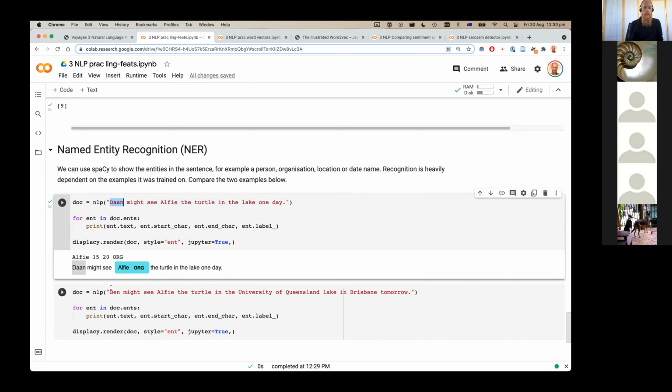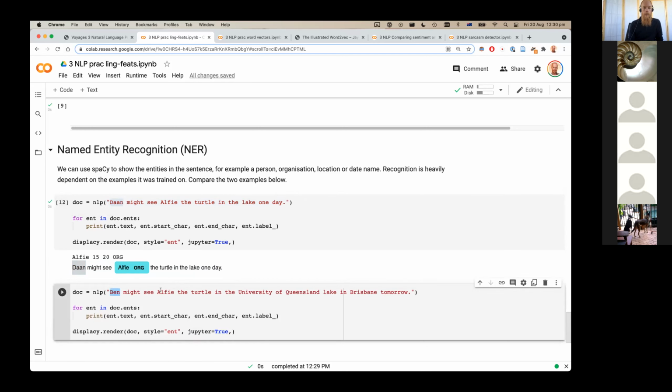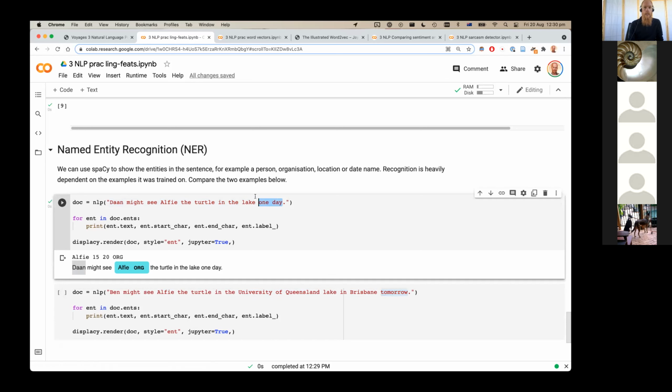In the second example here, we've changed the name of that first person. We've still got Alfie the turtle, and we have a bit more information in there. University of Queensland Lake, another location, and maybe more common time information in the sentence. So one day.